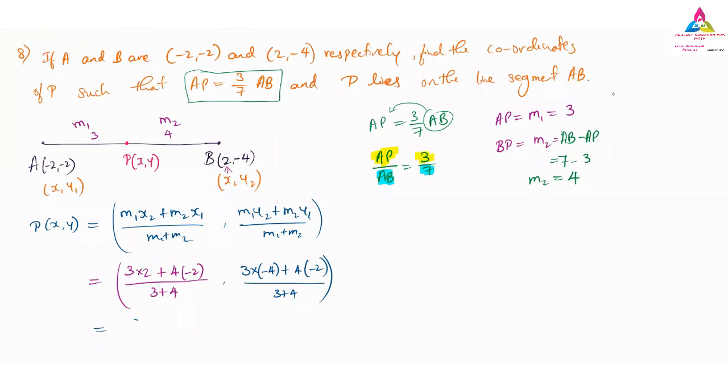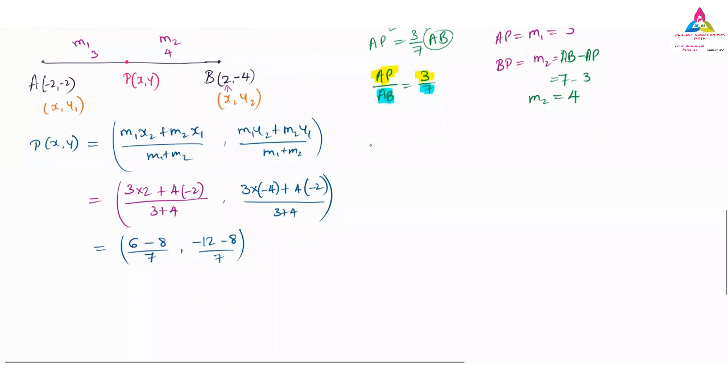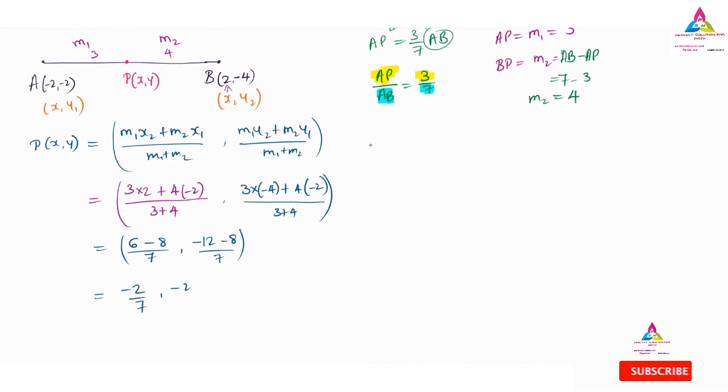So 3 into 2 is 6 minus 4 into 2 is 8, 3 plus 4 is 7. Minus 12 minus 8 divided by 7. So obviously minus 2 by 7 and minus 20 by 7. So this is the point P of x comma y, that is minus 2 by 7 and minus 20 by 7.